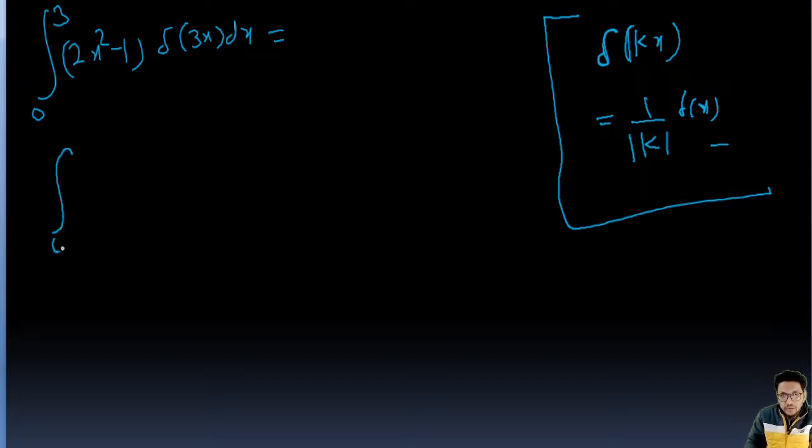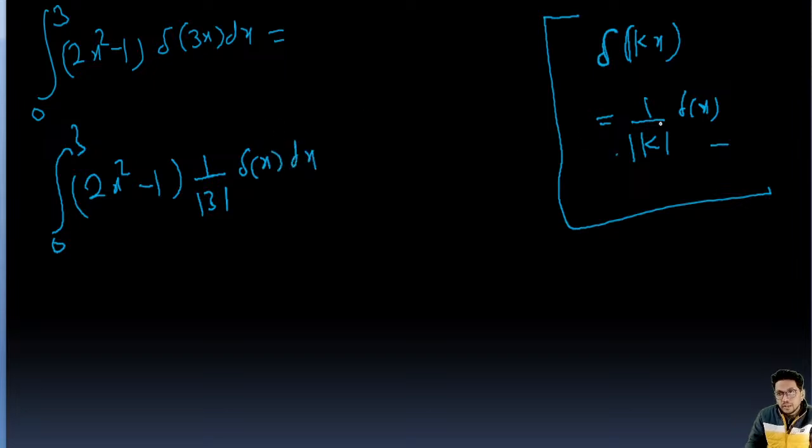So it is going to be integration 0 to 3, 2x square minus 1, and this 3 will come out as mod 3, del x dx, using this property. Here k is any number.